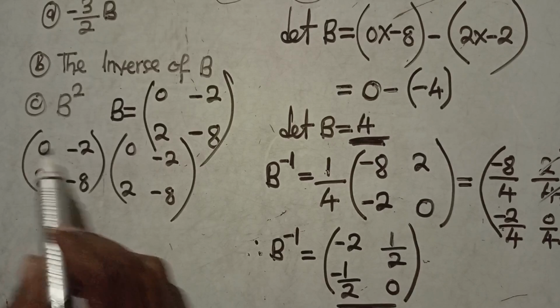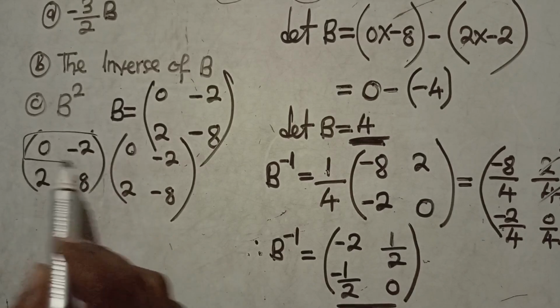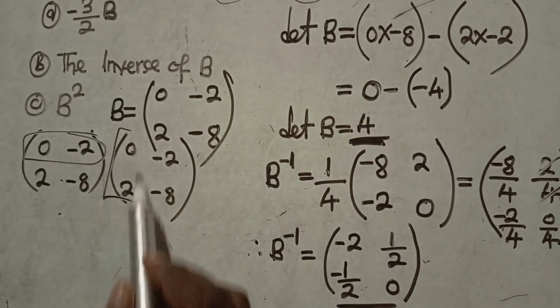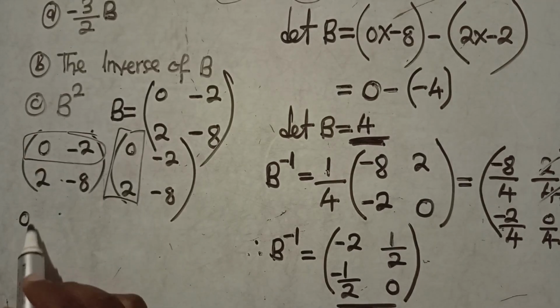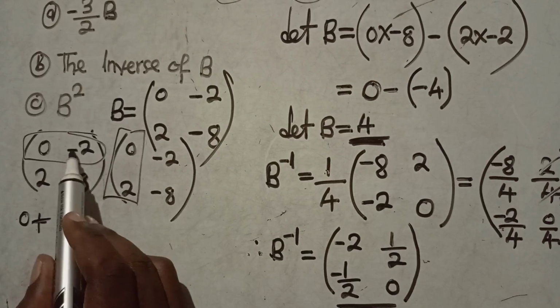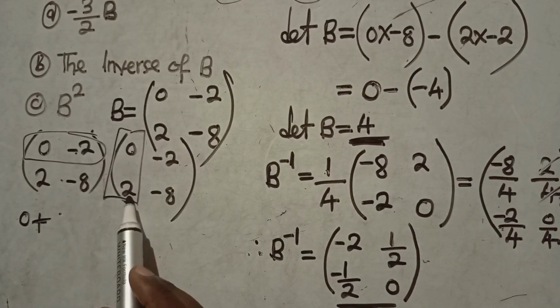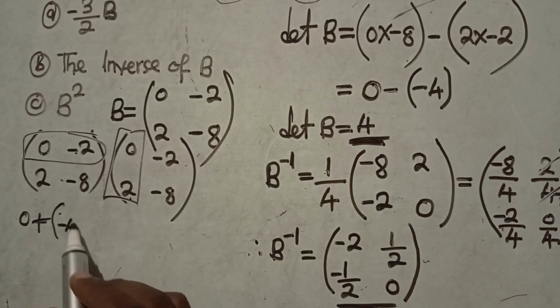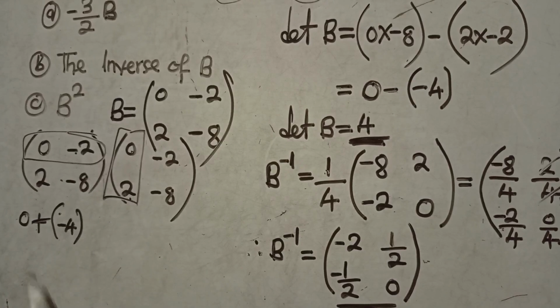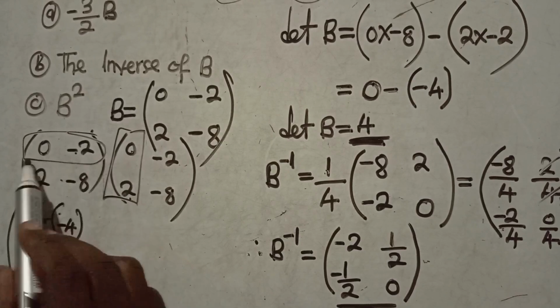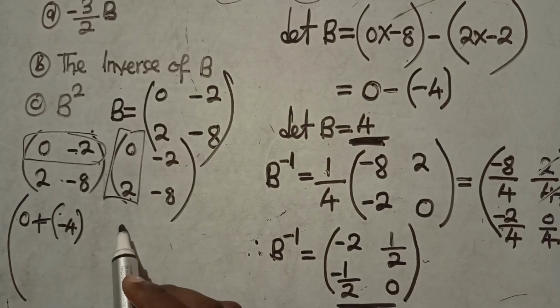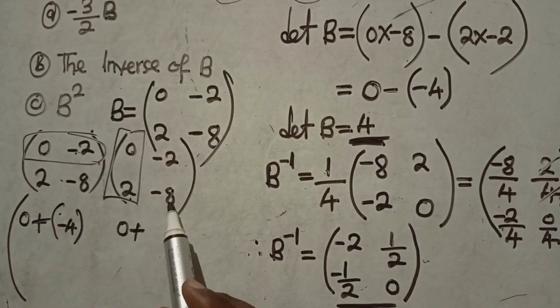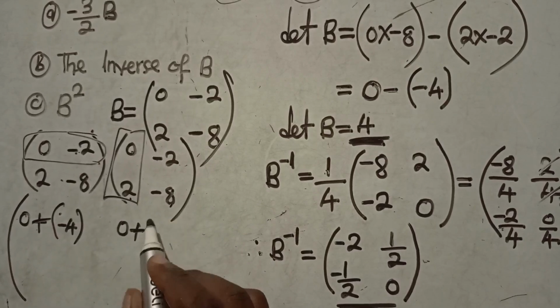So we say this one will go with that one. This row will be multiplied against that column. So we say 0 times 0, that is 0, plus negative 2 times 2, that is negative 4. I'm done there. The same row multiplied with that column. 0 times negative 2, that is 0, plus negative 2 times negative 8, that is 16.